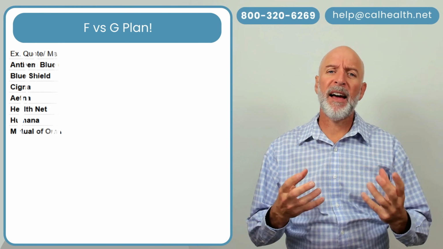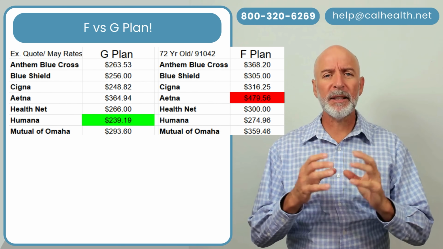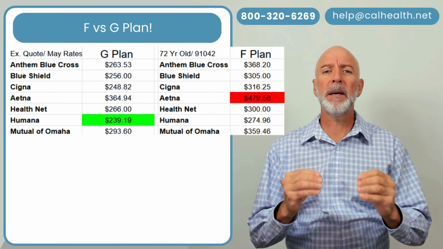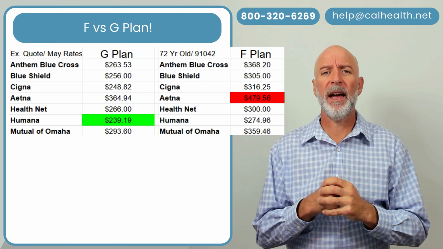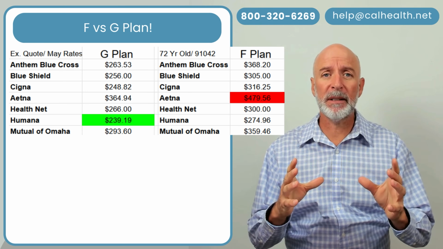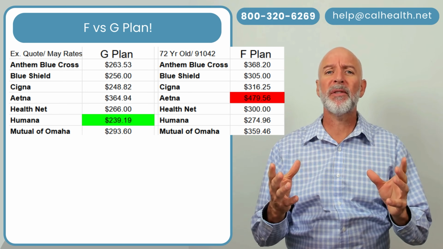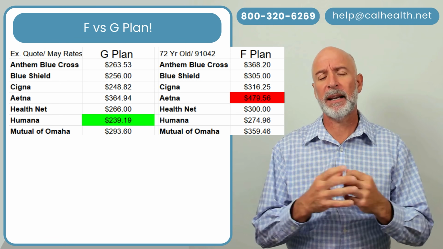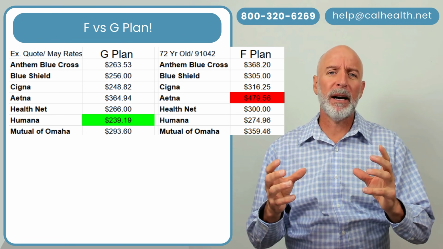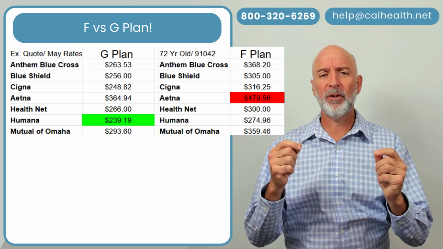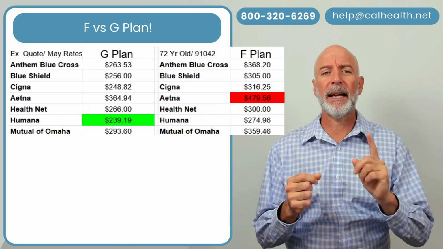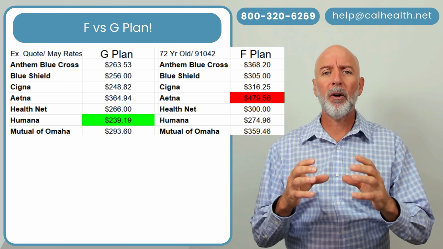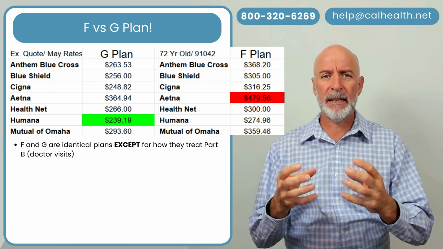First, let's talk about the F plan versus the G plan. And this drives us a little crazy because there are millions of people still on the old F plan, even millions of Californians. It makes up roughly a third of the Medicare supplement market in California. And here's why it drives us crazy. The F and the G are almost identical except for one thing, the Part B or doctor deductible.